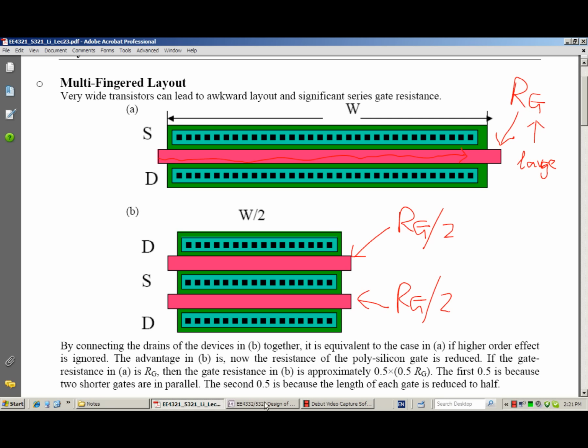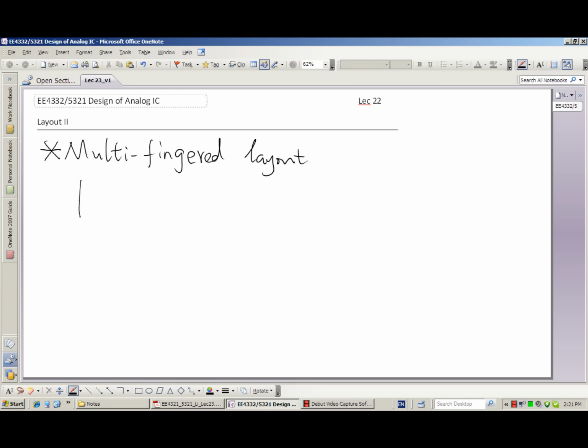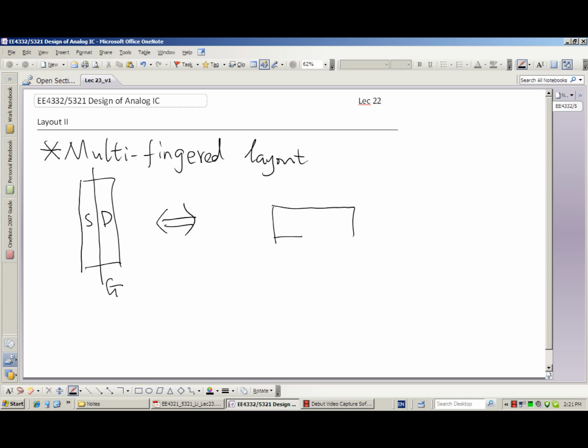And from the schematic, let me show you the equivalence. So we have the first technique, multi-finger layout, where originally we have an NMOS transistor. This is our gate, and this is source and drain. Now we use two fingers for this transistor.